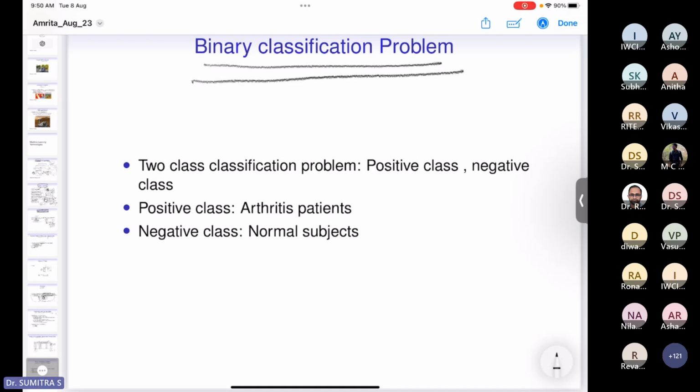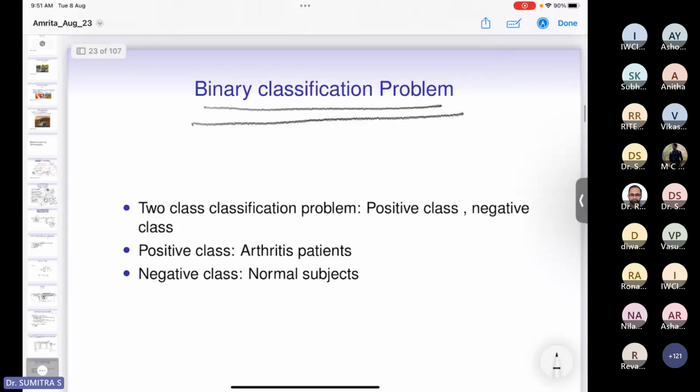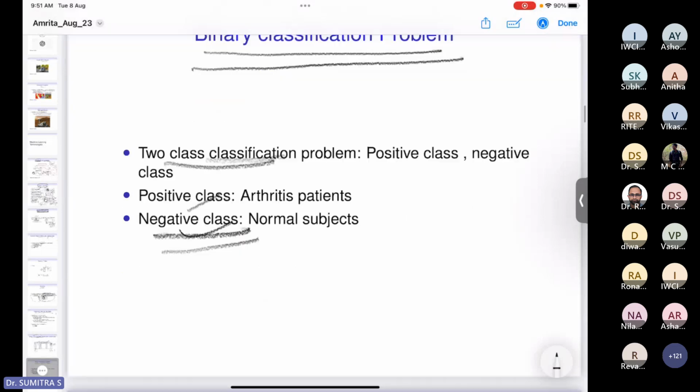Usually the positive group is the one we are interested to know more about, which we are interested to study. Here it is the arthritis data, so we call the group for which Y is equal to 1 the positive class and the other the negative class. This is the common usual terminology. For example, if we want to study corona, those who have corona we call the positive class and the others the negative class.